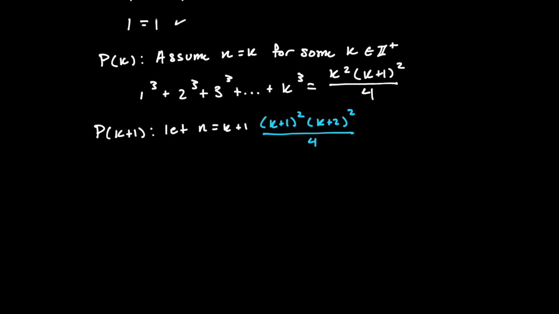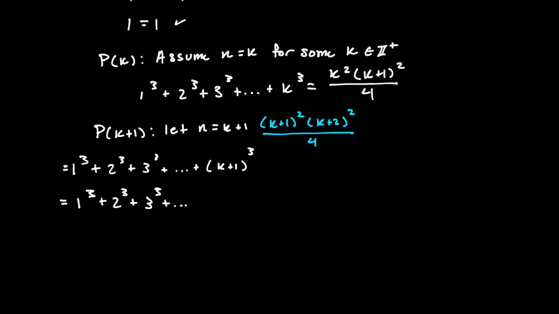And now what I'm doing is subbing k plus 1 in. Okay. So within the sum up to (k plus 1) cubed, there's also the sum up to k cubed, right? Because k cubed is the previous term to (k plus 1) cubed.